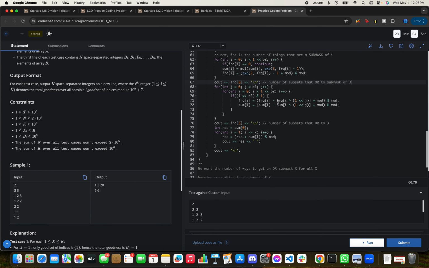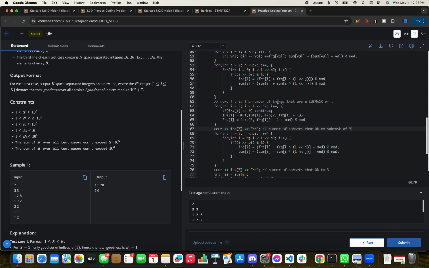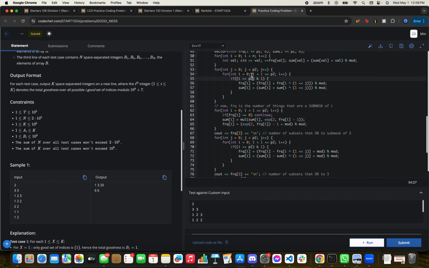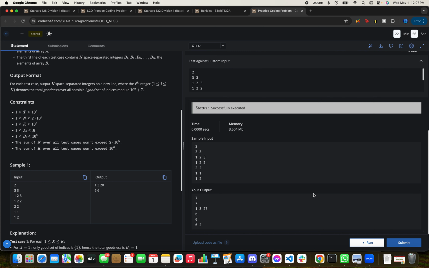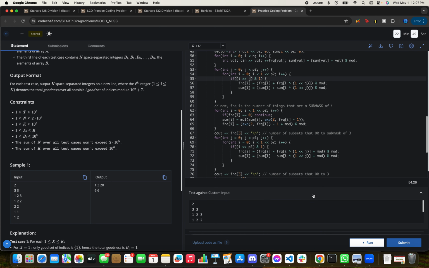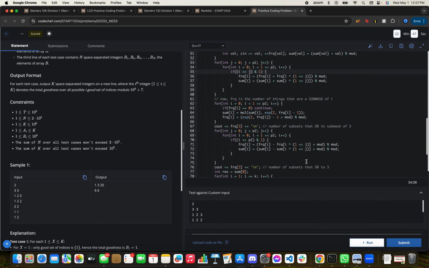It's still 1. 1, 3, 27. Not good. Number of subsets that OR to 3.